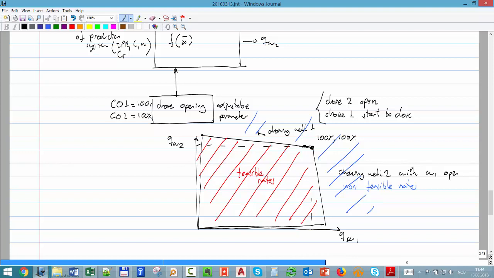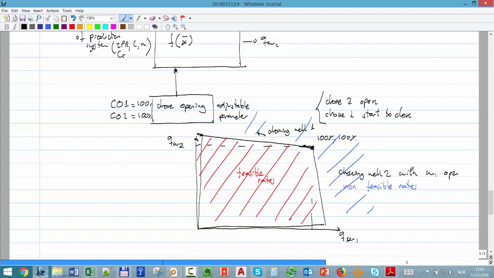When you choke well 1 too much, there comes a point that it cannot produce anymore. It just shuts in. So you have a jump; it's not a smooth transition, but below a certain rate the well cannot compete anymore against well 2, and it will shut in. So actually the area looks something like that, but that's not important.